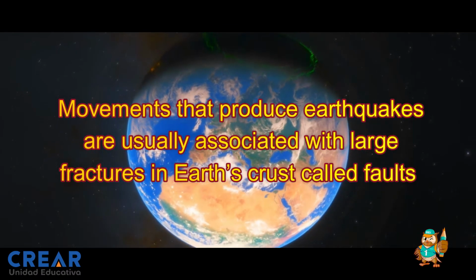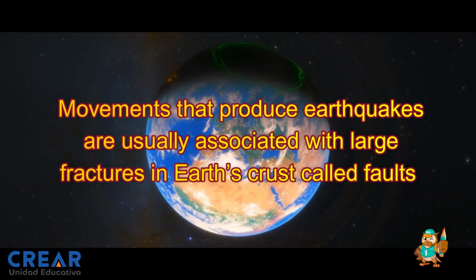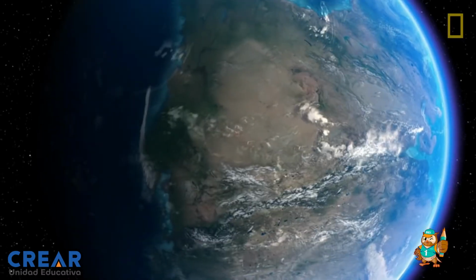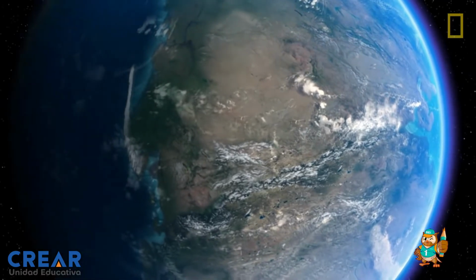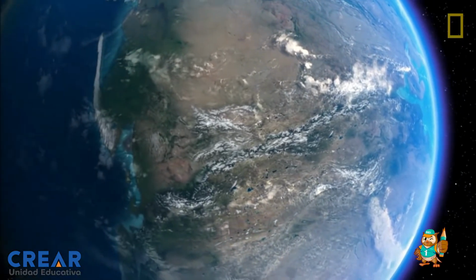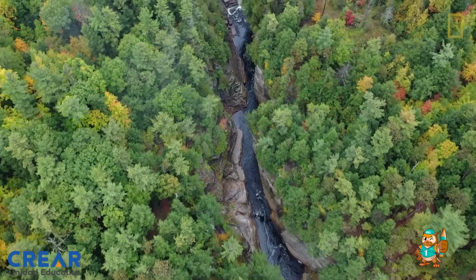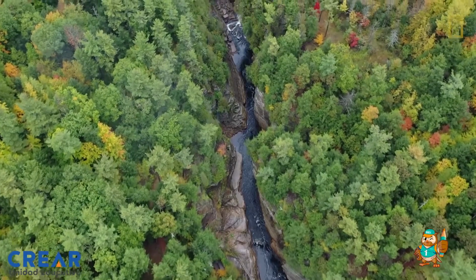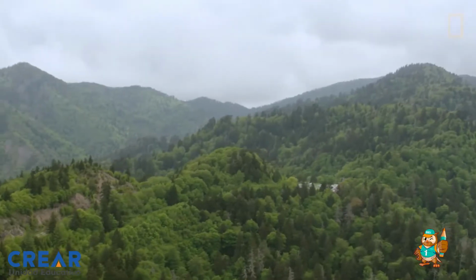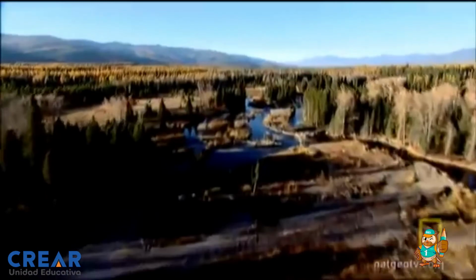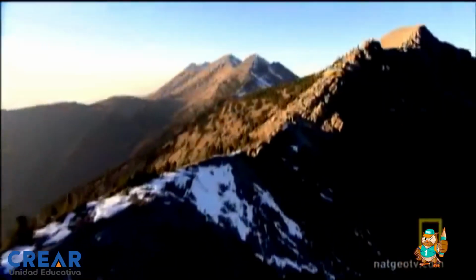But what are they, my dears? So imagine we have the earth in this moment here and we see it. That layer that you see, kids, is called the crust. That crust, kids, it means corteza, and that crust separates. When it separates, we have the earthquakes.